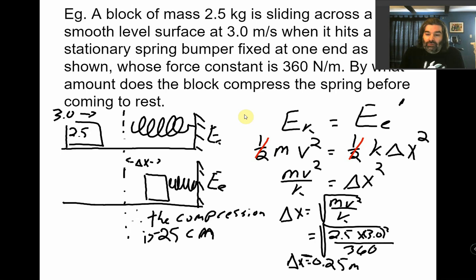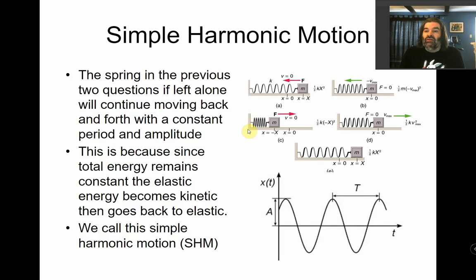Really easy to use. What I'm going to get you to look at is how it moves in a little more detail. A cool thing about this is you can use a spring, if everything is perfect, to create what we call simple harmonic motion with a period and a frequency.